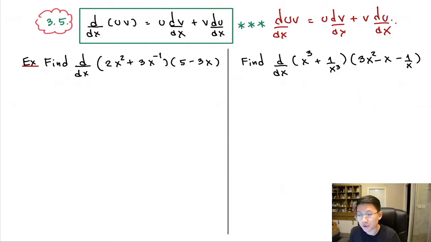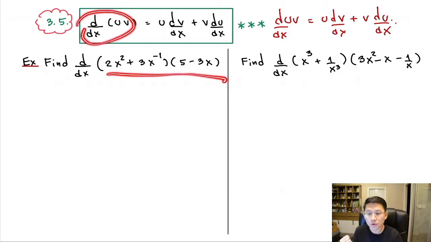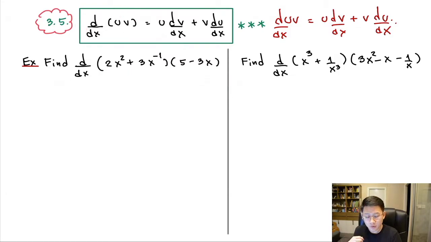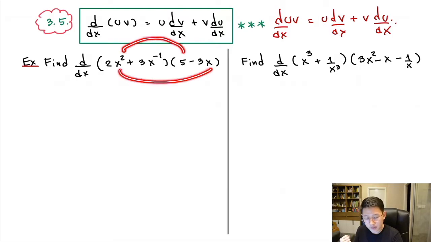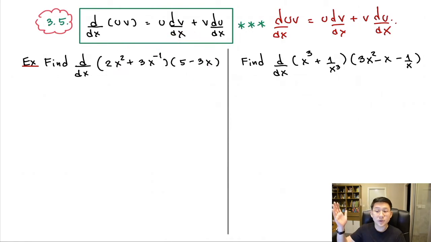For this function, if you don't want to use this property, what you can do is just multiply this multiplication, right? You multiply 5 by 2x squared, and this and this and that, and then you just differentiate 4 terms, right?